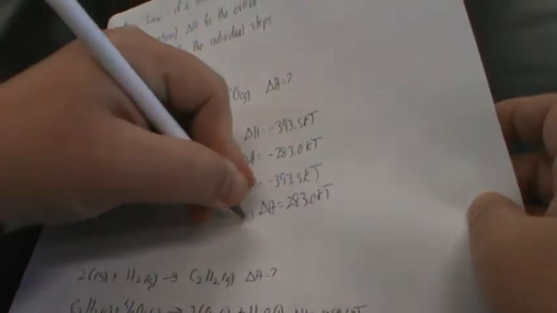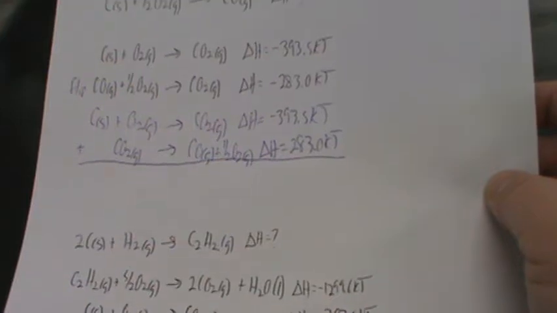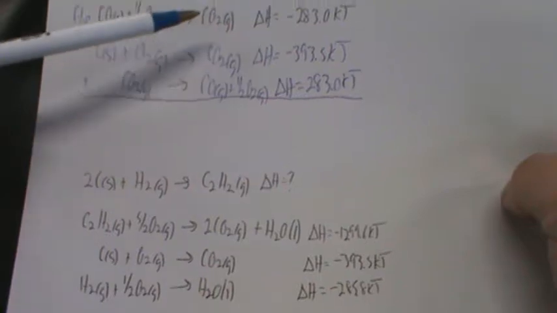Now we're going to add up our smaller reactions, just like what Hess's Law says. When we add them up, if we have stuff in these smaller reactions that are not in the overall, things are going to get canceled out or reduced. The way that things get canceled out or reduced is if we see them on both the left-hand side and the right-hand side.